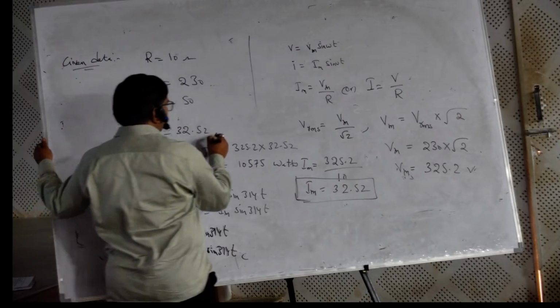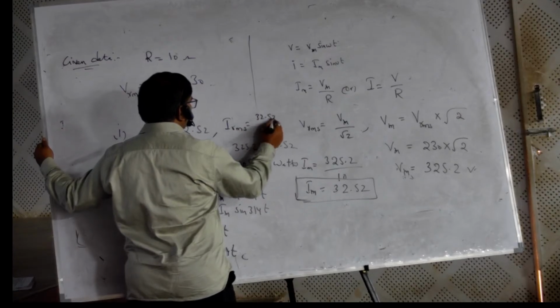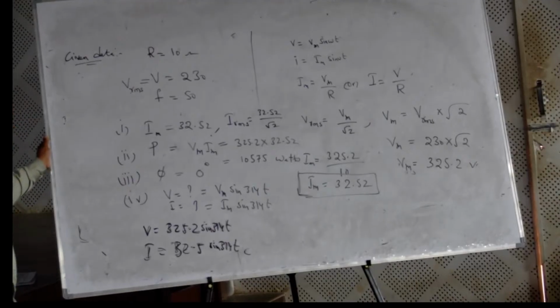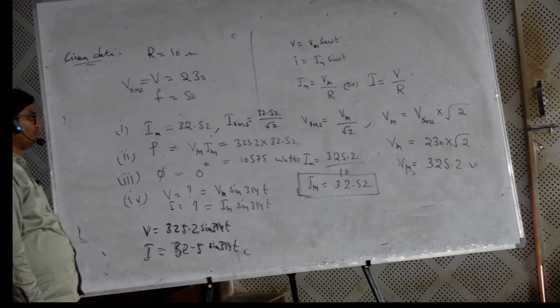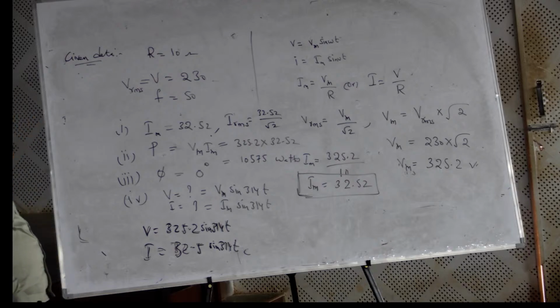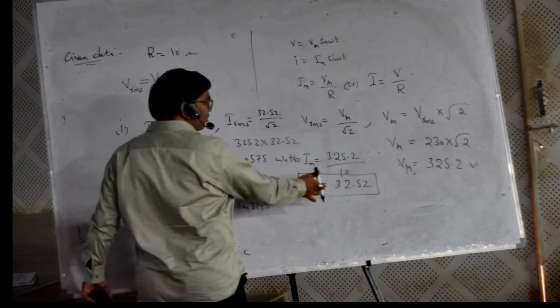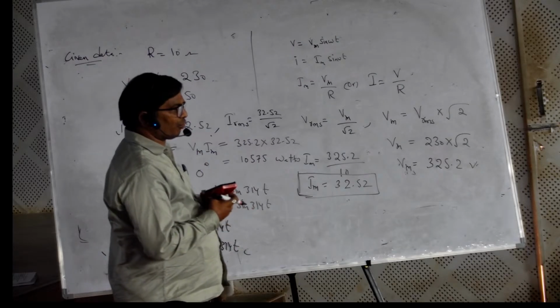You can find IRMS also: IRMS is equal to Im by root 2, so 32.52 by root 2 also you can do. This is the maximum value, this is the RMS value. So always we have to mention RMS values only.